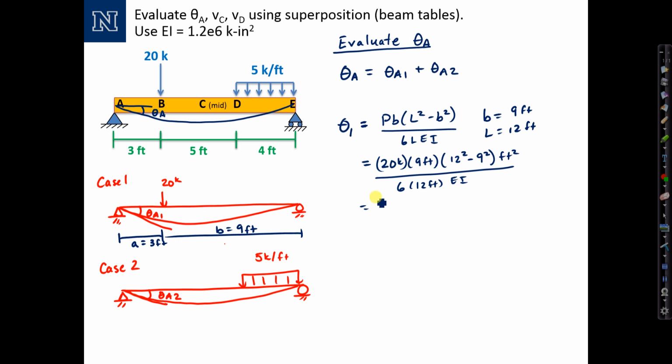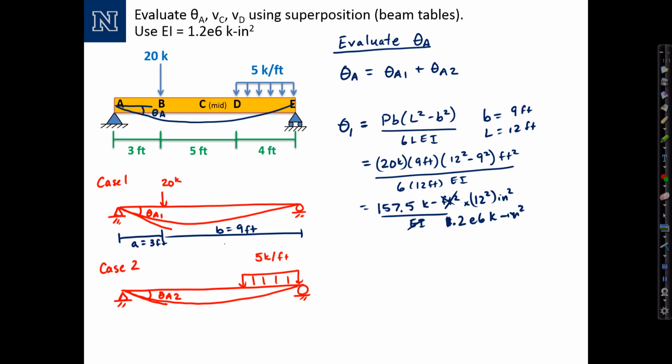This computes to 157.5. And the units are going to be, those 2 feet cancel, kip feet squared over EI. So I'm going to multiply times 12 squared inches squared to be consistent with my units for EI, which is 1.2 times 10 to the 6th kip inches squared.